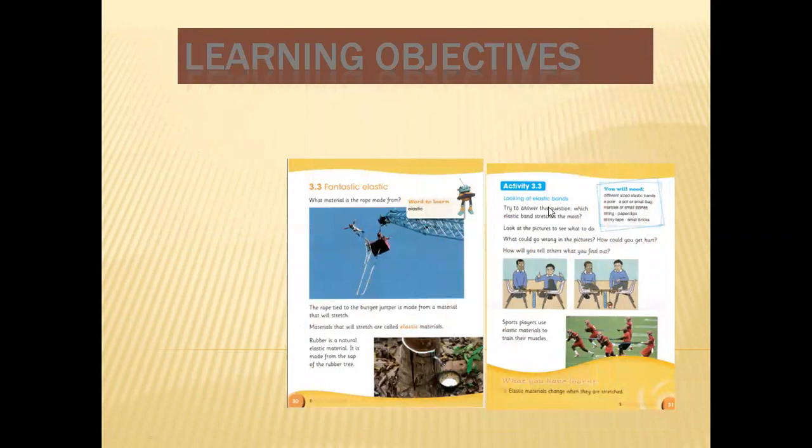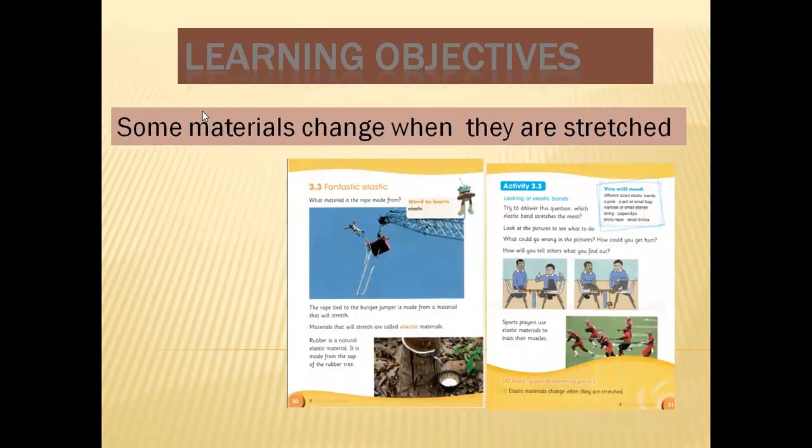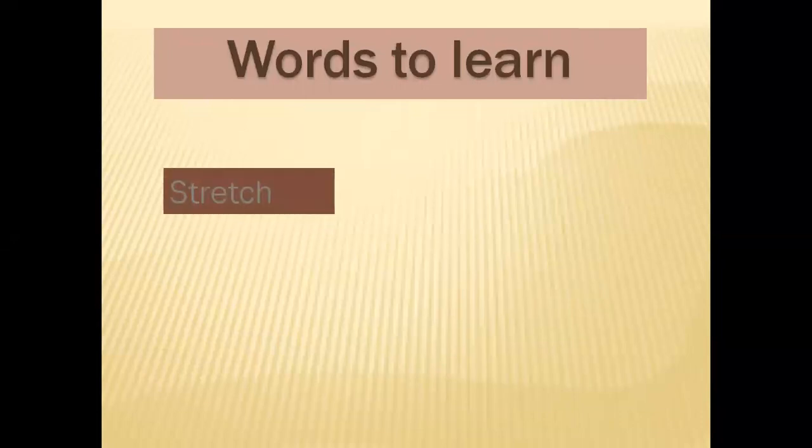So today in this lesson, we are going to learn that some materials change when they are stretched. First of all, let's see what are the words that we are going to learn in this lesson. So, first word is stretch.